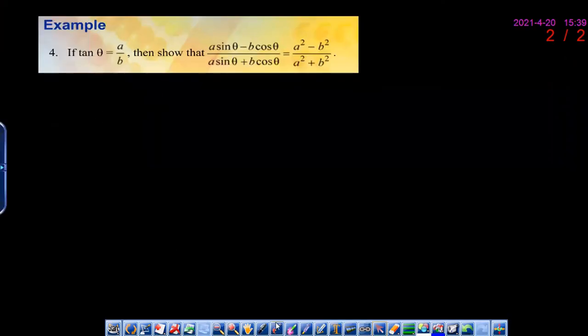So in the same problem, we will do it in a different way. What is given, children? Given tan theta is equal to A upon B. And you take LHS.